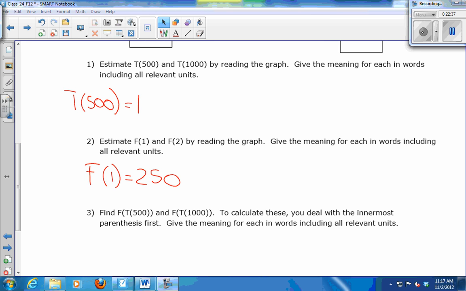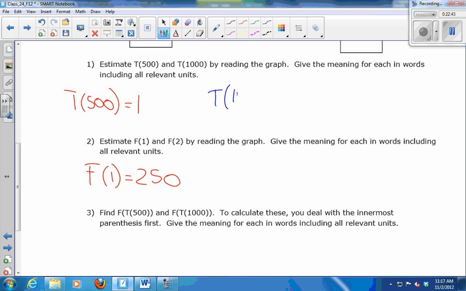So let's talk about these. What did you come up with for t of 1,000? 2. Good. And then sentences to explain what these mean. Well, t of d means time is a function of distance, right? So 500 is a distance in miles, and 1 is flight time of 1 hour.